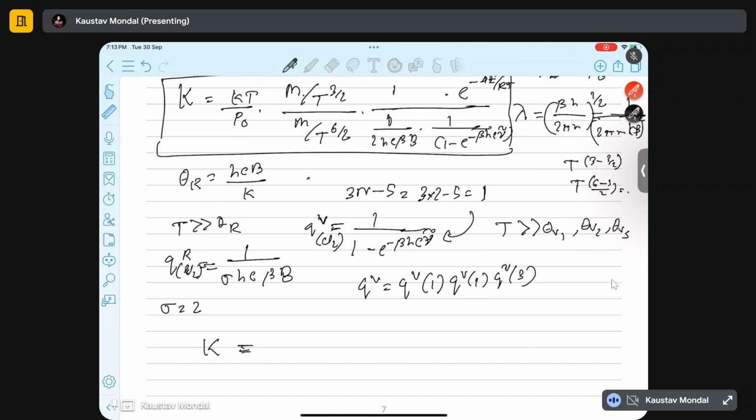So it will be T to the power 3 by 2. So this basically becomes K into P0. The M0 will cancel, so it will become T to the power 5 by 2 actually.